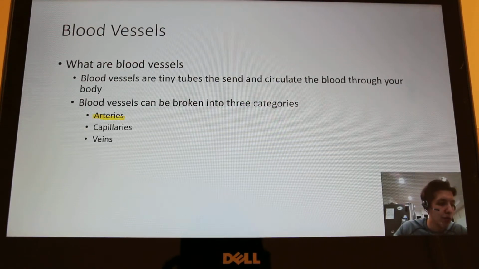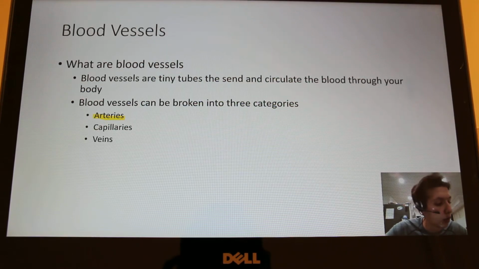Real quick, I'm just going to list off a whole bunch of the major arteries. I'm not sure if they have all the really tiny ones labeled, but like I said, there's over 20 major ones, so I'm going to list the major ones.